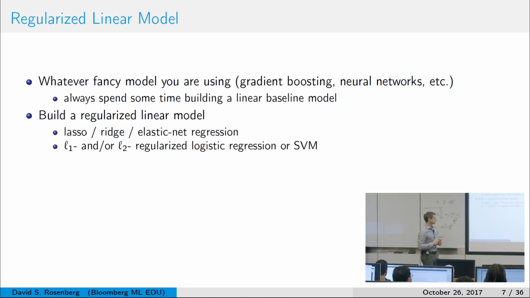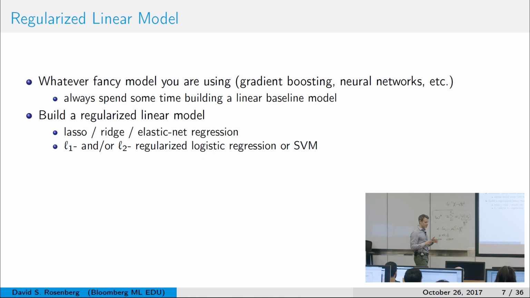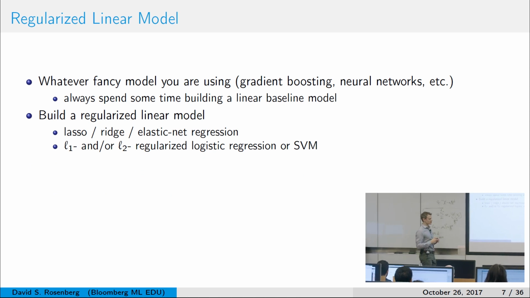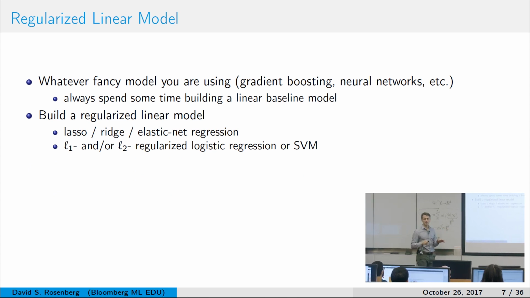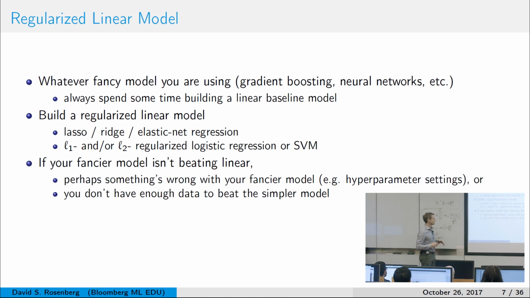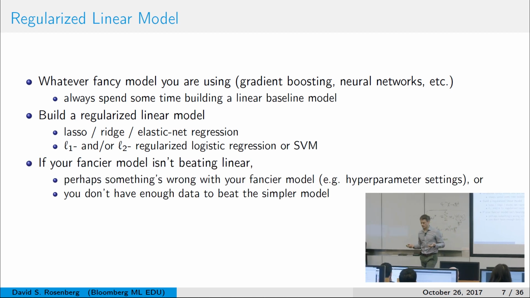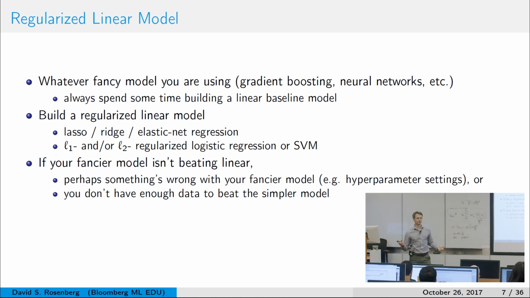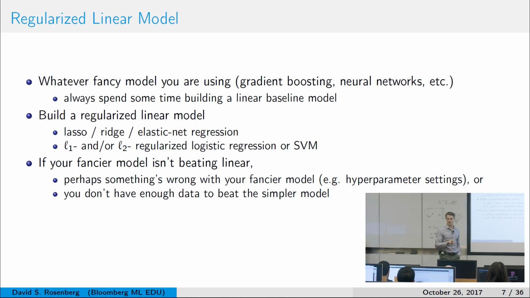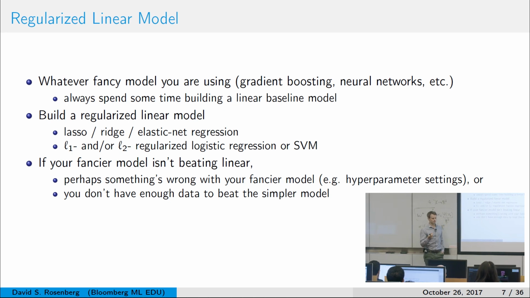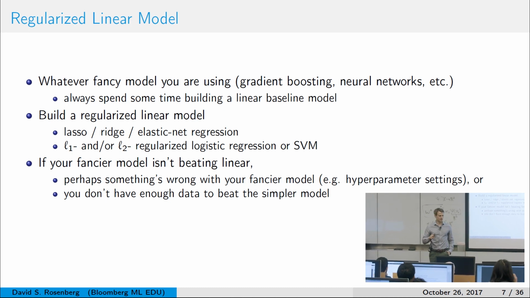And spend a little bit of time on feature engineering, just to make sure you understand roughly what's happening and what's helping. And it's a good baseline. So it'll often happen that your fancier model, your gradient boosting or your neural network or your random forest doesn't beat your linear method out of the box. So often that tells you that you're not training your fancy method quite right.